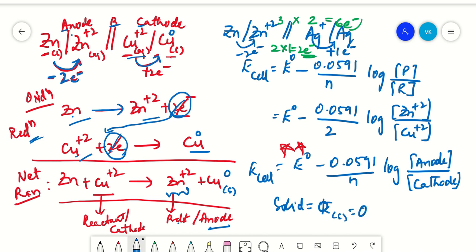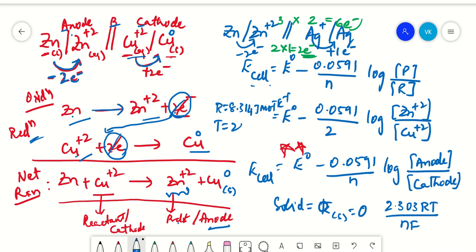Now we'll write your Nernst equation. E cell is equal to E naught minus 0.0591. What is 0.0591? If you take it as 2.303 RT by nF, then just substitute R is equal to 8.314 joules per mole per Kelvin, you will get this R value.